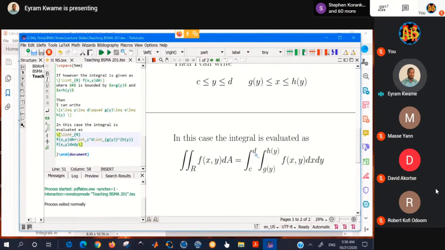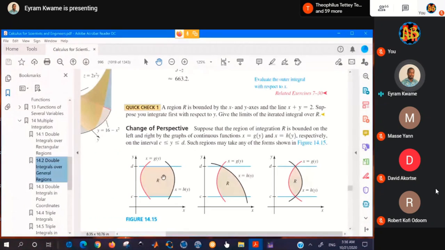In this case, the integral is evaluated as follows. You integrate x before y, and x takes the function from g of y to h of y. That is basically what this is telling you.